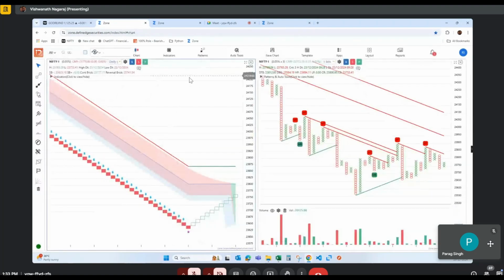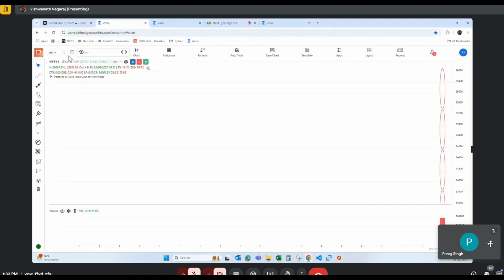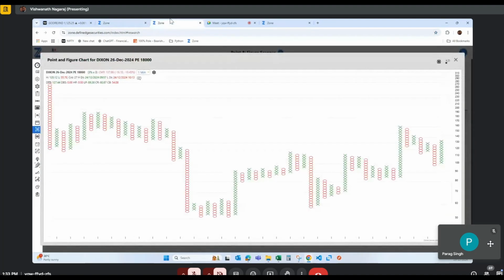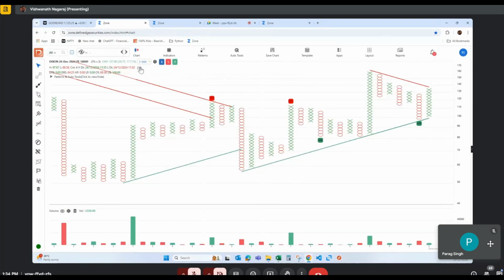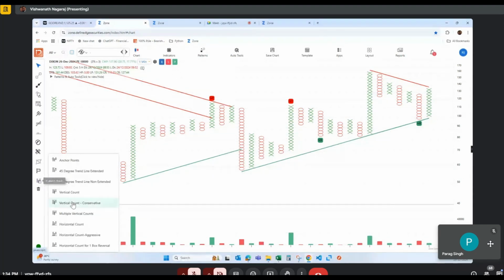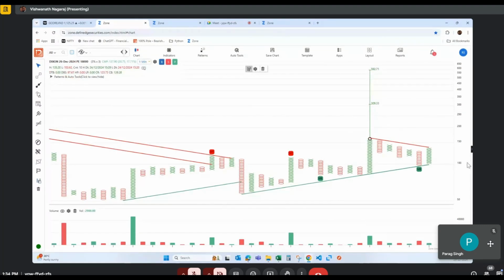Let's open the chart. 1 minute, 3%. And this was Dixon, 18,000 PE, right? Dixon, 18,000 PE, 1 minute, 3%. See, the minute it breaks out, it's at support. It's a nice pattern forming and it can give you good targets.